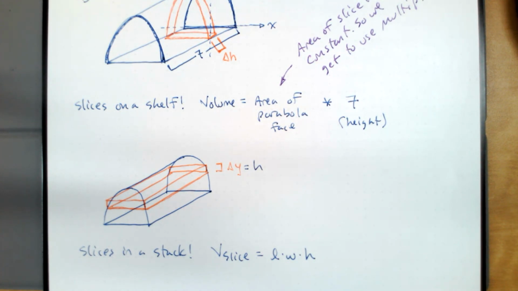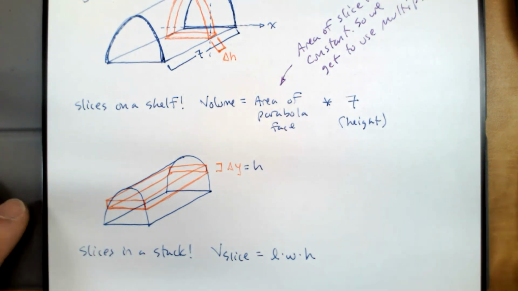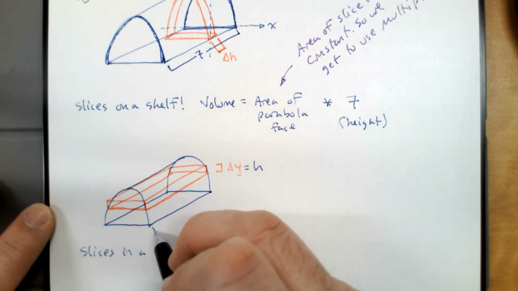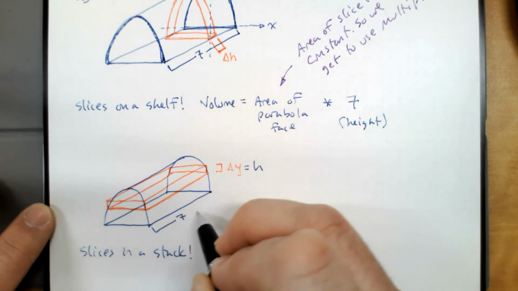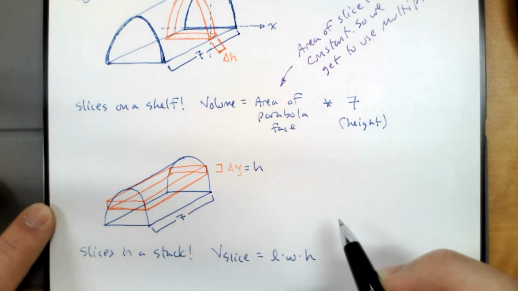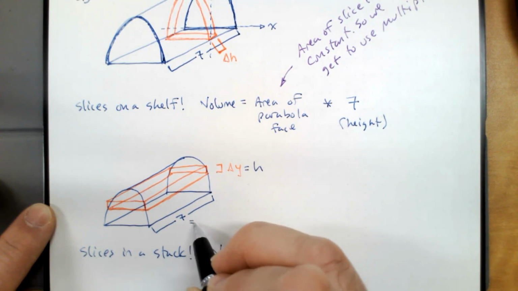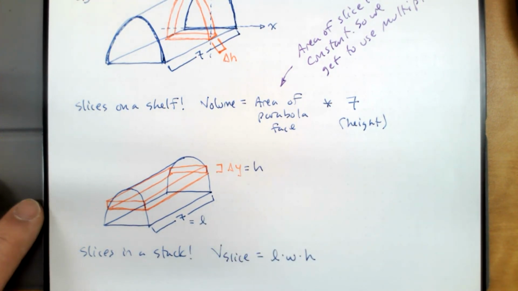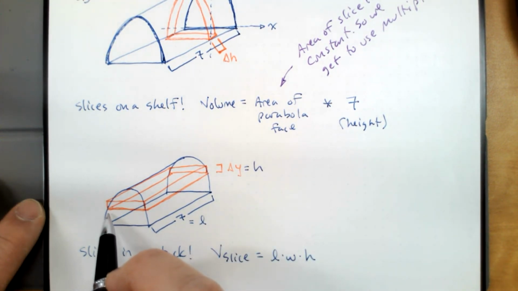So the slices have to start getting infinitely thin. That's how we determine our delta variable. Notice that the length of all these slices is going to be the same. They're all going to be 7 units long. So because this is always 7, I could say that the length is 7. The thing that changes is the width.